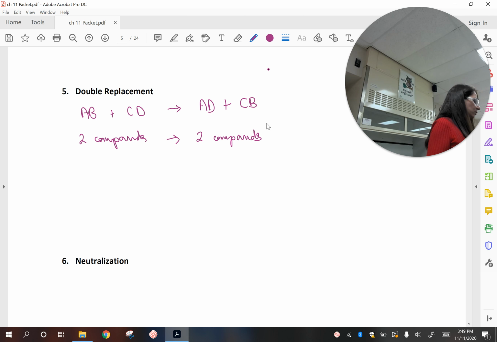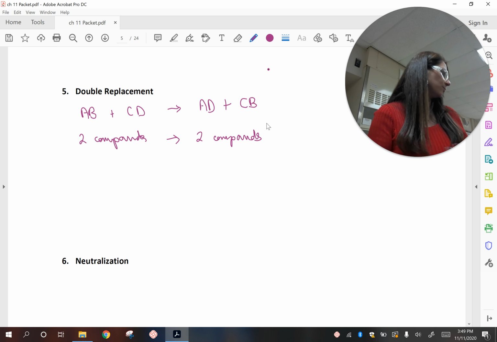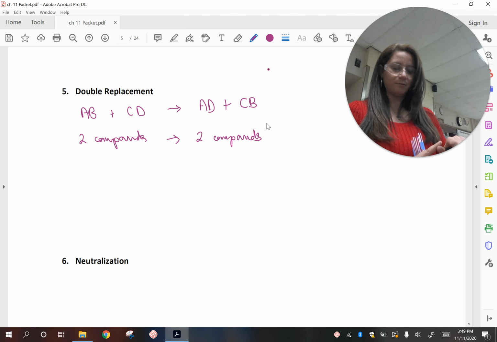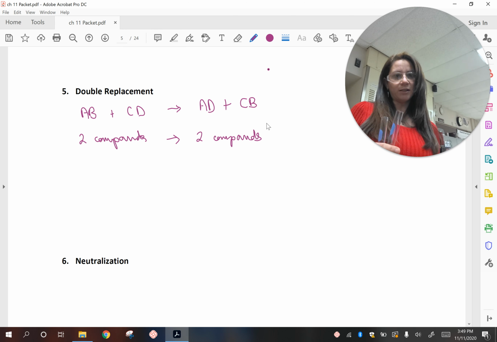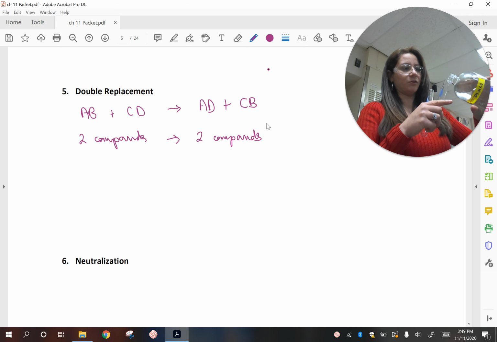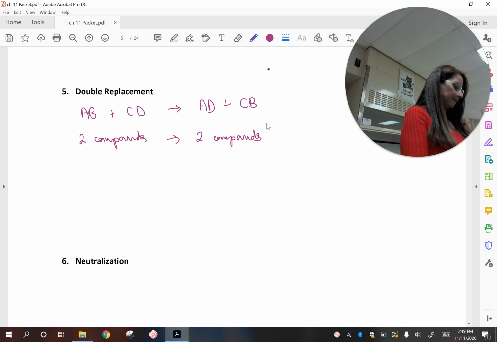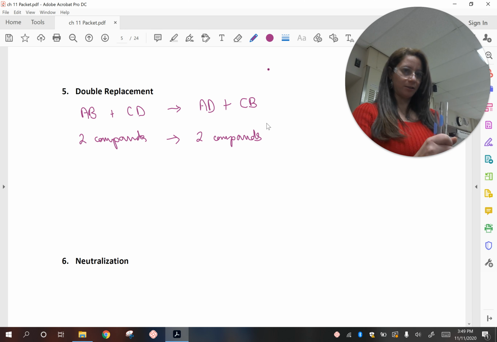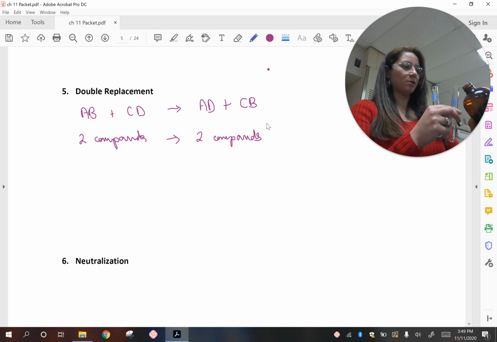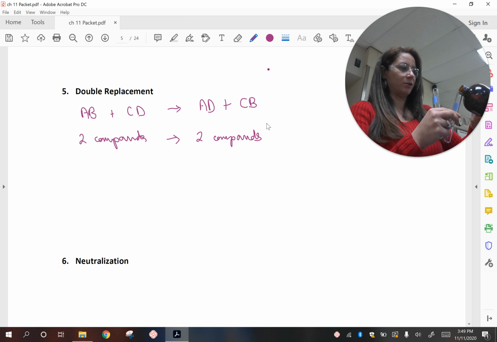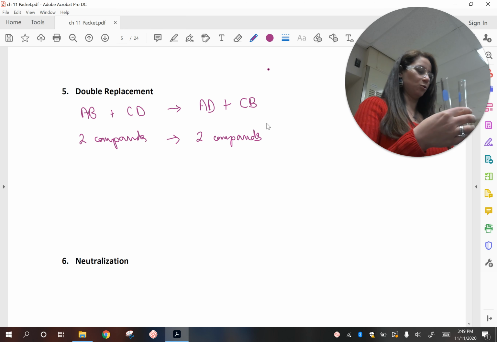So for our demo here, I have some potassium iodide. Potassium iodide is a solid, but this is dissolved in water, so it's a solution. And lead nitrate, lead 2 nitrate, also a solid at room temperature, but this is a solution.